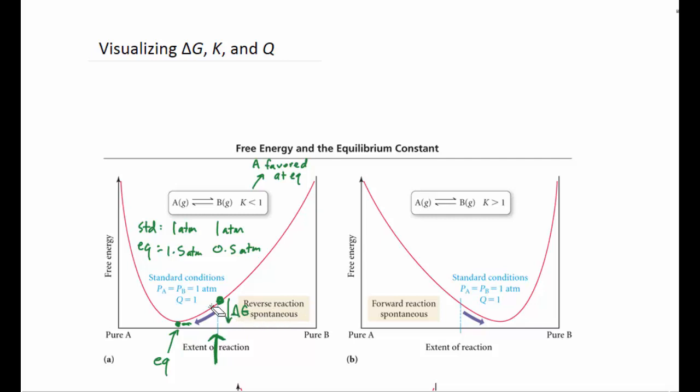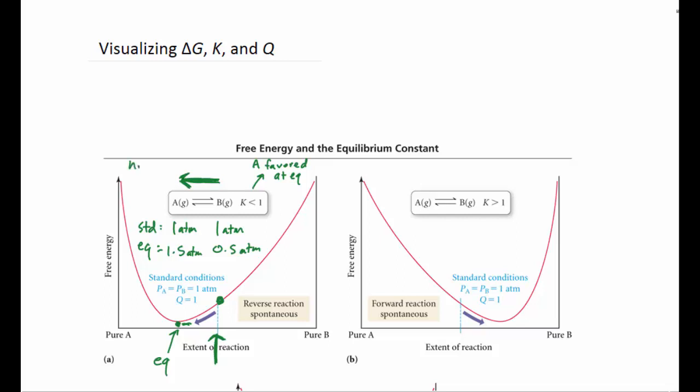So the thing is, I don't like that downwards delta G there. It's because, here, let's just write that non-spontaneous. Let's go backwards like that.